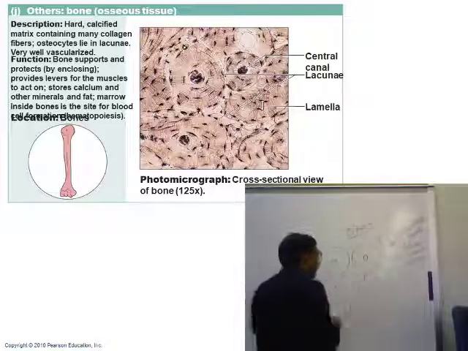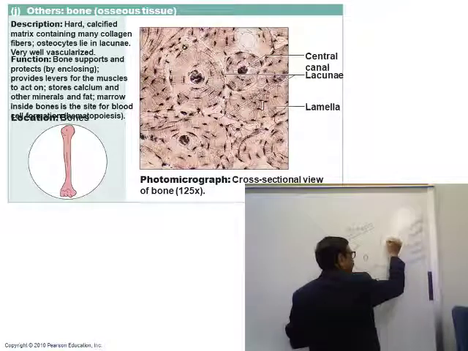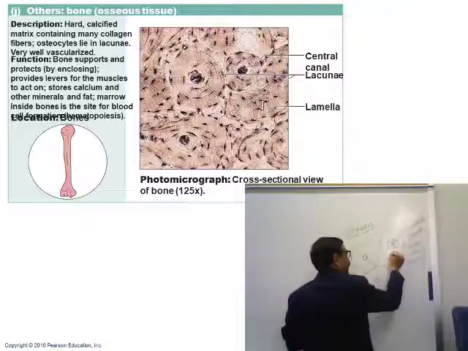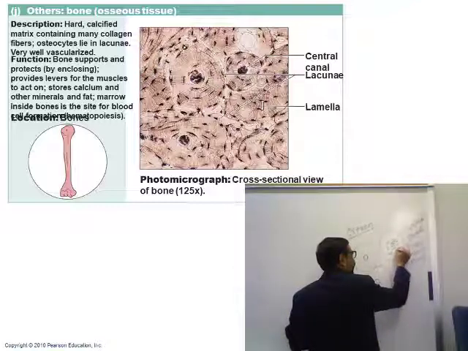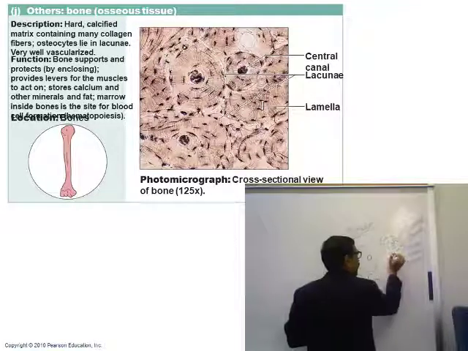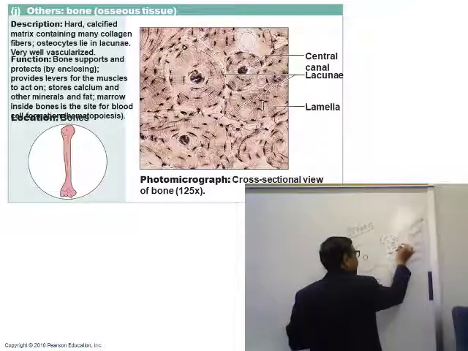Now, around the central canal, you will see tiny cavities. Those are called lacunae. Lacunae are actually pouches, empty cavities, and inside the lacunae you have the bone cells, osteocytes. So you see these are osteocytes inside the lacunae.